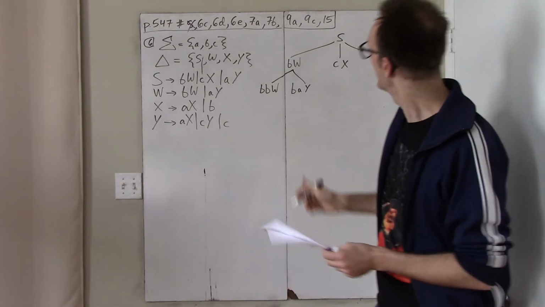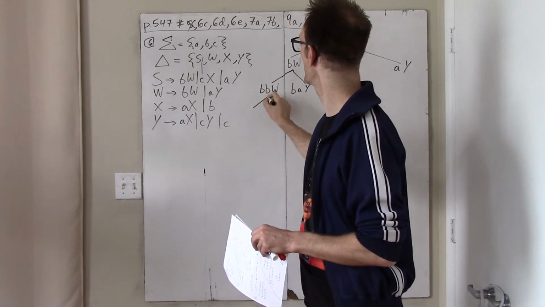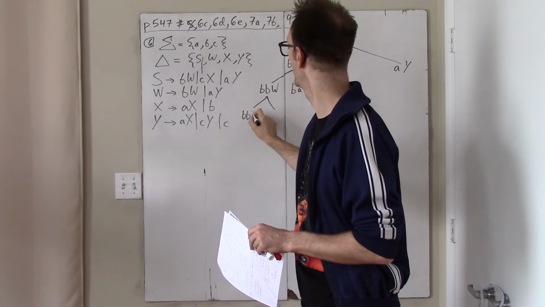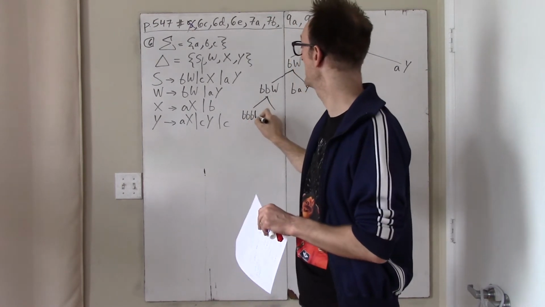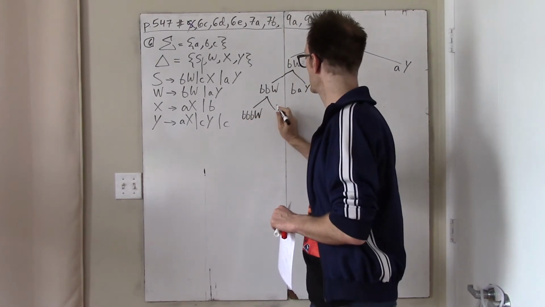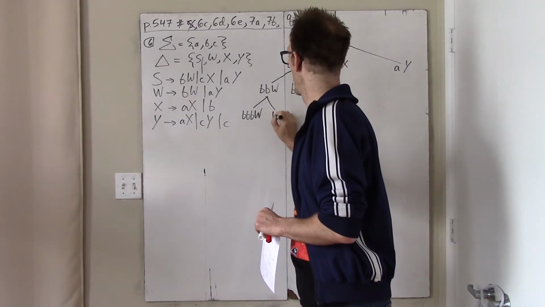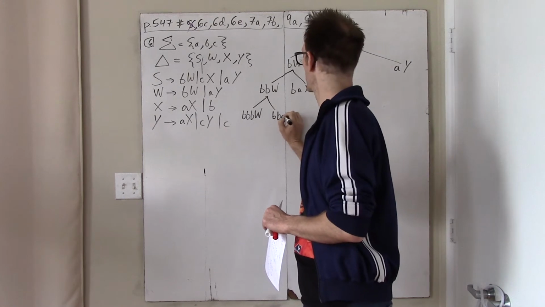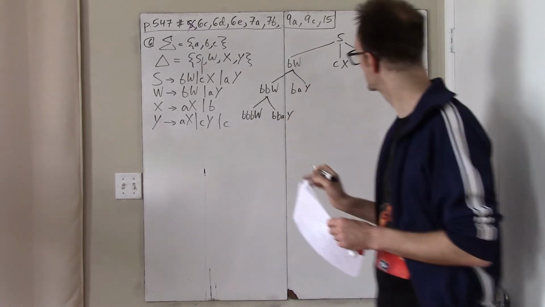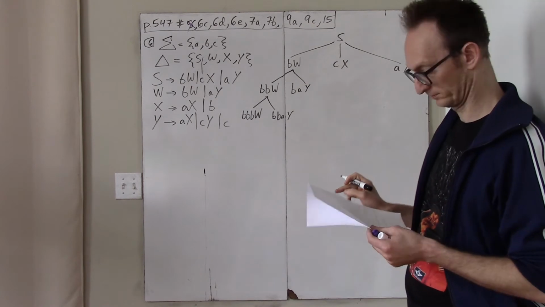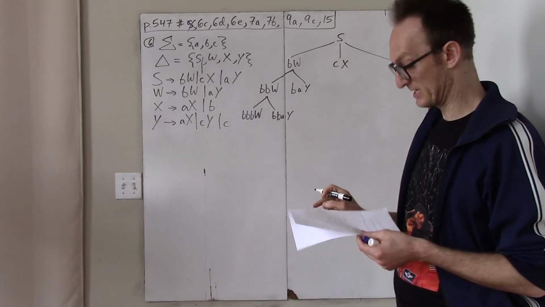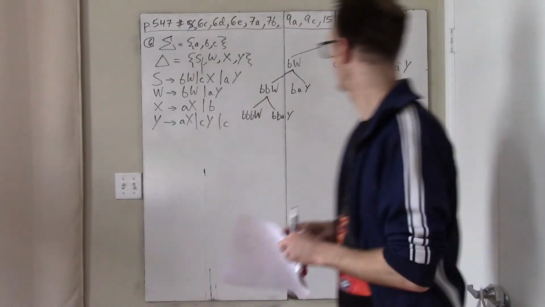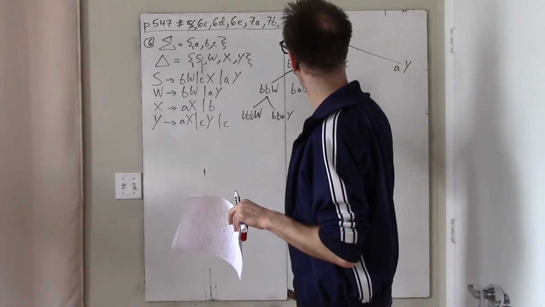But now, at least one of these branches I'm comfortable with, because the W can once again get replaced with BW, but then I still have this B, and then that W is getting replaced with AY. And so here maybe I put a green around this Y for a minute.